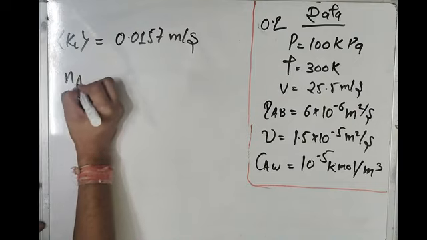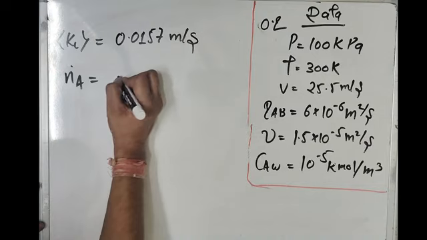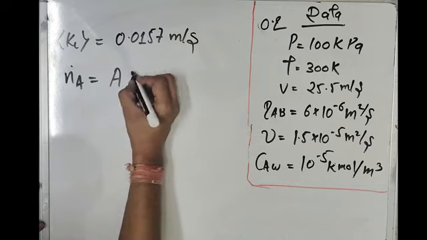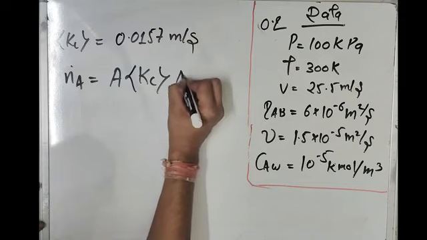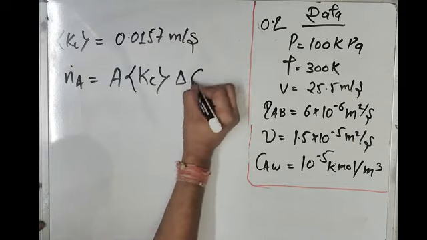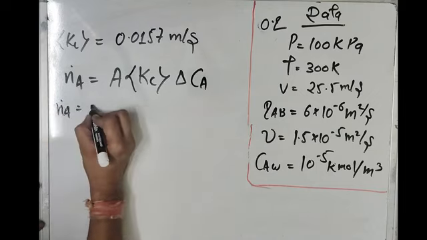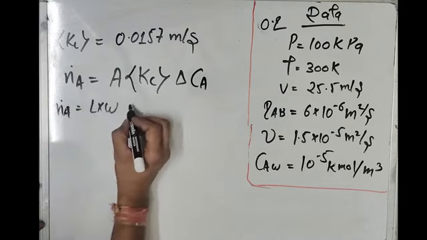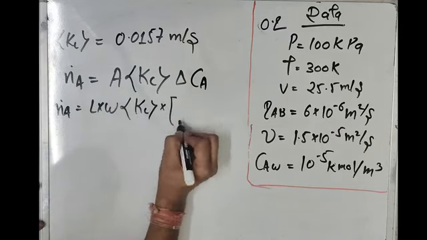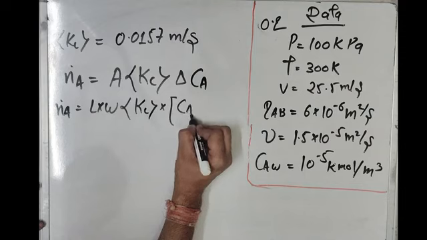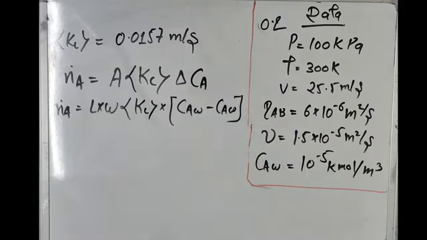The molar flow rate N_A dot equals area times mass transfer coefficient times change in concentration. Here area can be written as length into width, mass transfer coefficient into concentration at the wall minus at infinite distance.